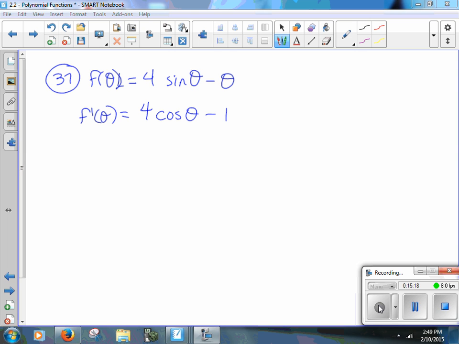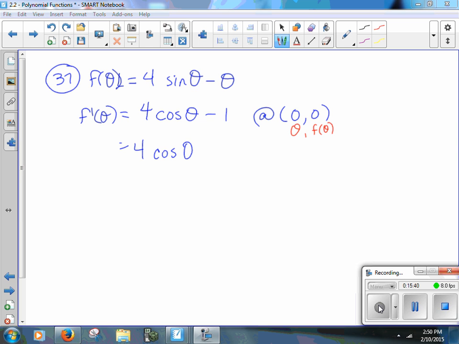For 37, you are given the origin. So you just plug in 0 where the theta is? You plug 0 in for the theta, okay? So it's going to be 4 times the cosine of 0. Because, look, that 0, 0 is theta, f of theta.